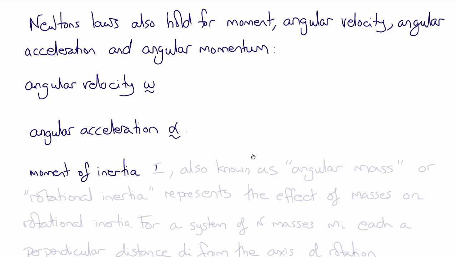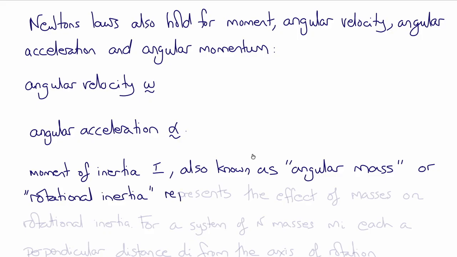In angular motions, the mass in linear motions becomes the moment of inertia I, also known as the angular mass or rotational inertia. And it represents the effect of masses on rotational inertia.